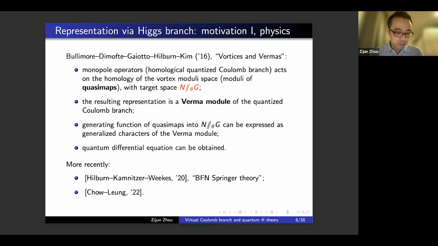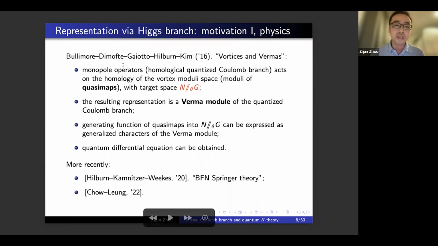So the problem I'm interested in is the connection between this Coulomb branch and enumerative geometry, especially the enumerative geometry of quasimaps. This idea comes from these two works, this current slide and the next slide, which are two previous works that are quite inspiring.